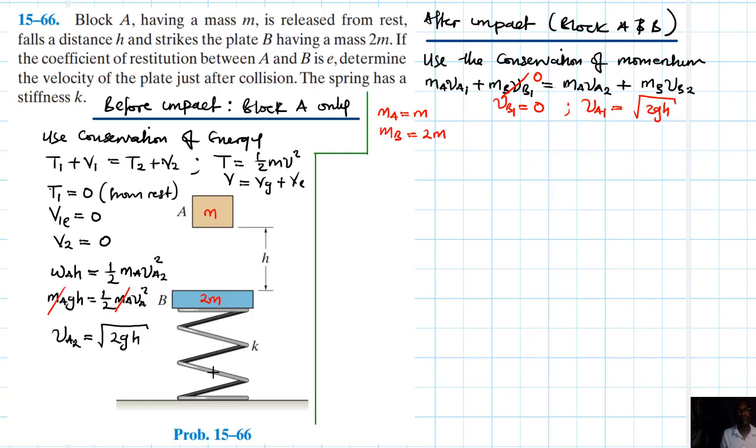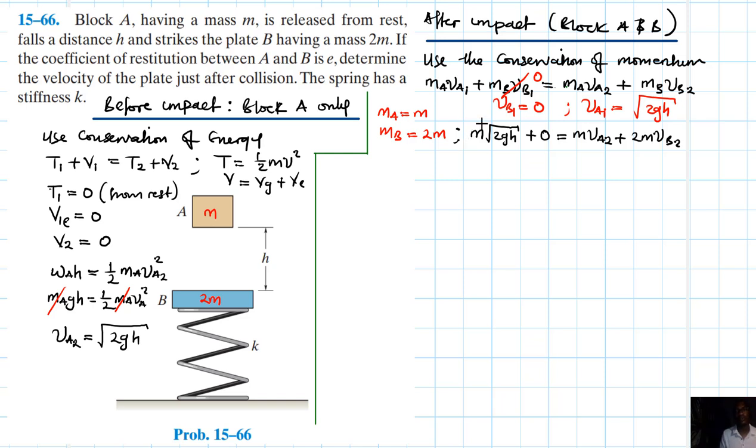Therefore, we have m square root of 2gh plus 0 is equal to m v_A2 plus 2m v_B2.